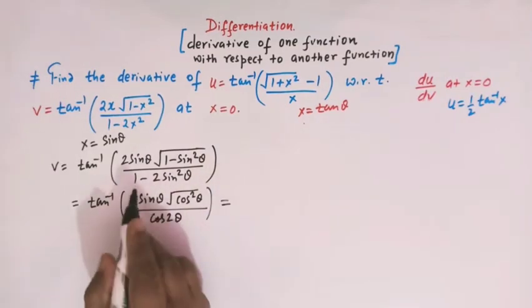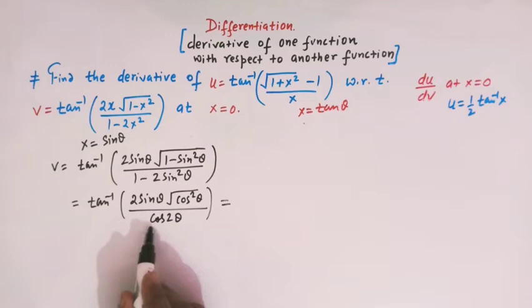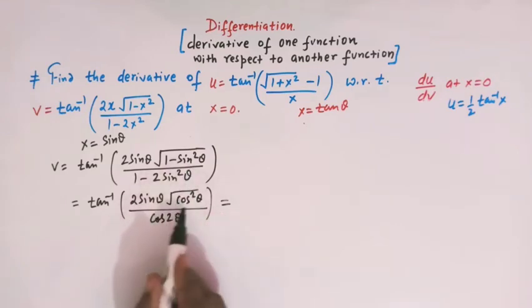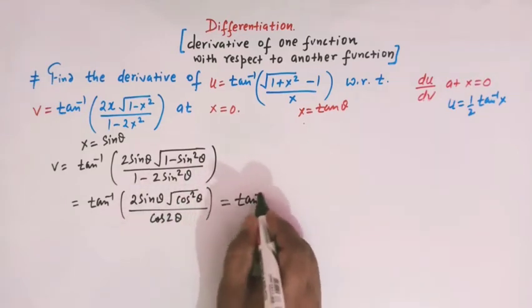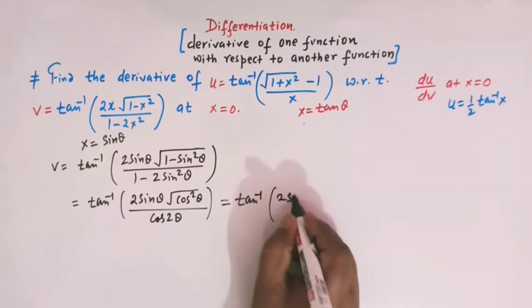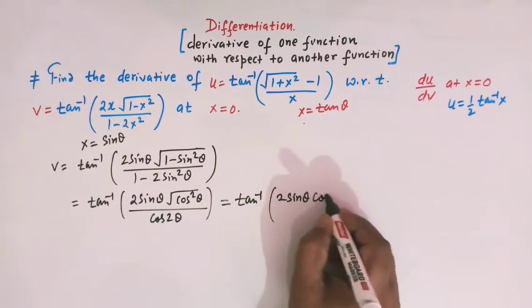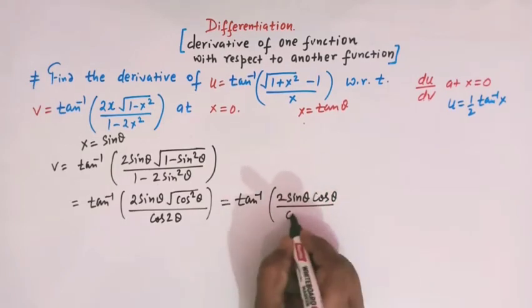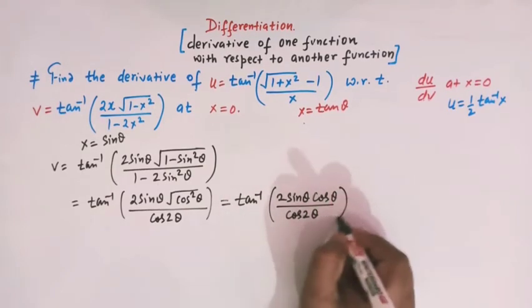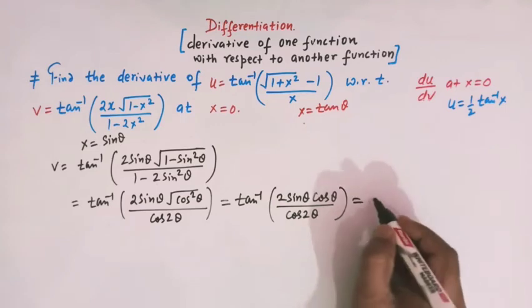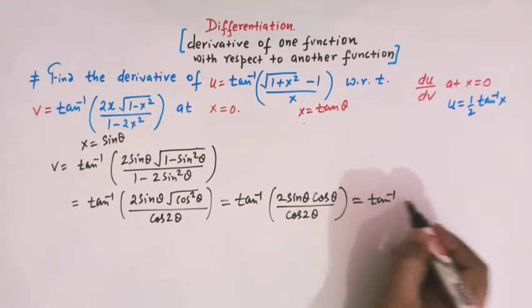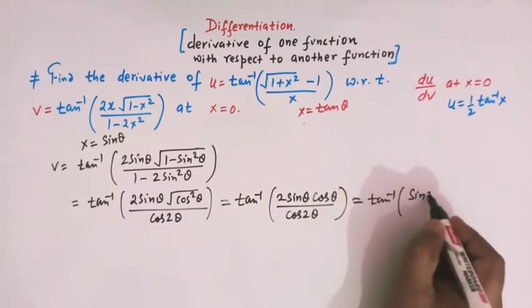So now 1 minus 2 sine square theta is cosine 2 theta, and now we can write tan inverse, and here we have 2 sine theta. Square root of cos square theta is simply cos theta divided by cos of 2 theta, and 2 sine theta cos theta is sine of 2 theta, right?